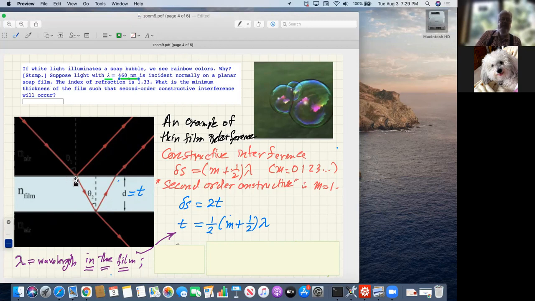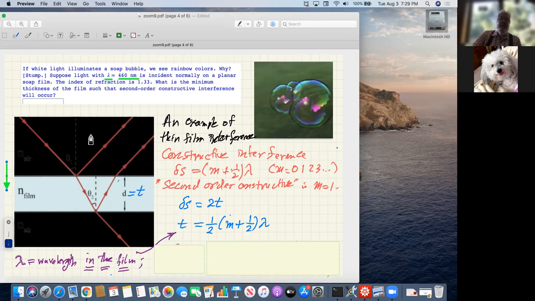Here's the film. It's horizontal, gravity is downward. Above the film, we have reflection from the top surface. Some of the light will be transmitted into the film with a bit of refraction, and then some of that light will reflect from the lower surface of the film.